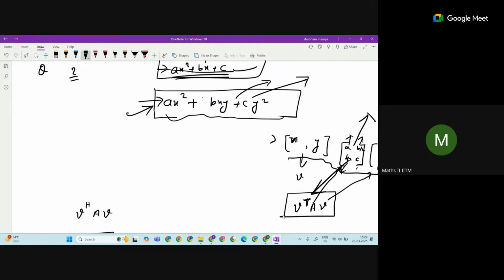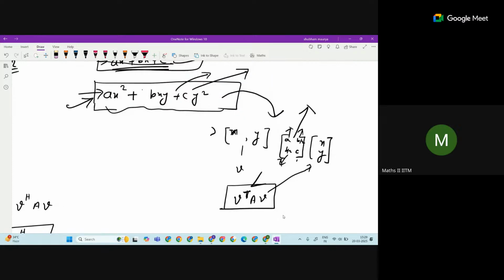Actually, we first started studying this, and then we came back to this form. If you see how this matrix is formed, this matrix is actually a symmetric matrix. From this form we generated a matrix which is a symmetric matrix.